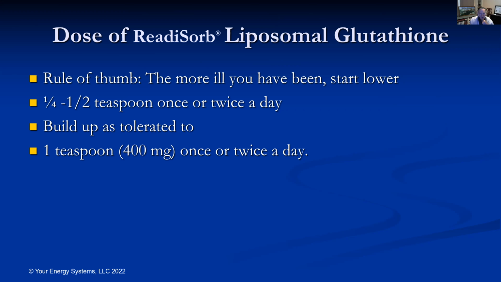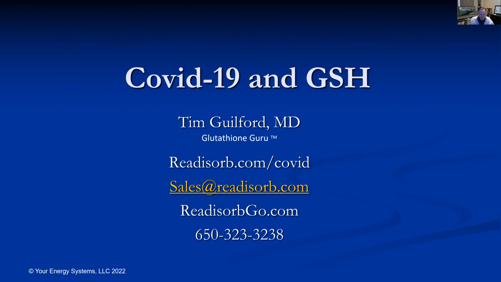If this happens too quickly, people can feel poorly for a little bit, but starting with a lower dose, like a 1/4 teaspoon, and then increasing as tolerated up to 1 full teaspoon once or twice a day has been tolerated very well. We can talk to you about additional approaches if needed. In the acute disease, I don't hesitate to offer 1 or 2 packets 2 or 3 times a day to people with acute COVID, but this has only been anecdotal experience, and I can't quote studies in this regard.